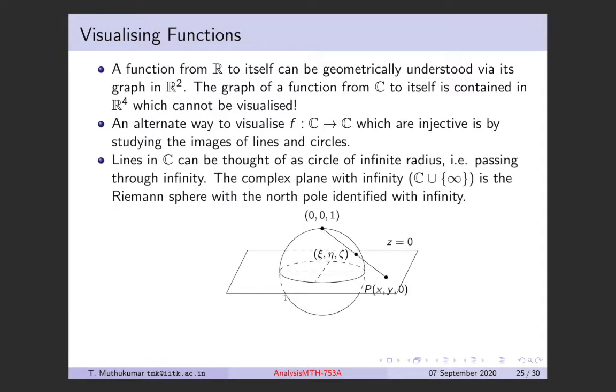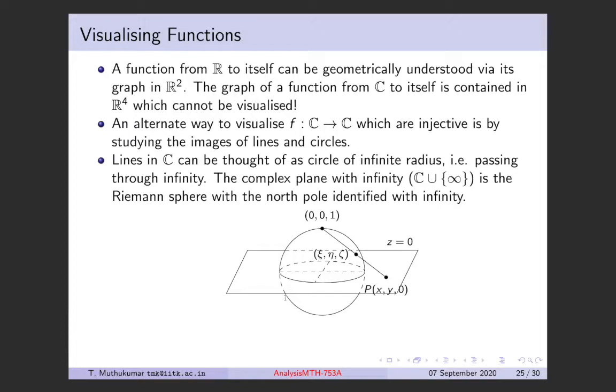If you look at the complex plane, and you think of infinity as one more point, the complex plane with infinity can be put in one-to-one correspondence with the sphere in R3, right?